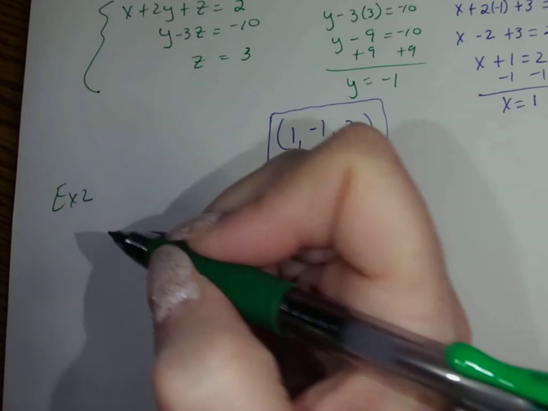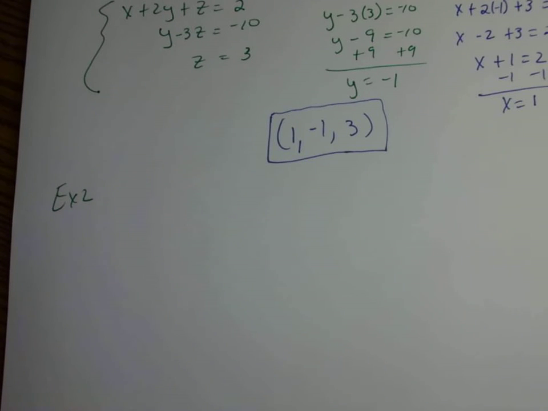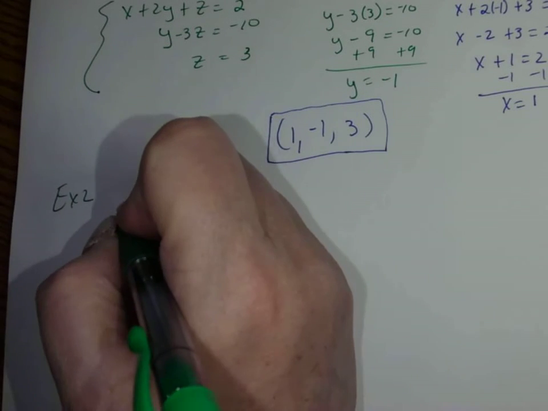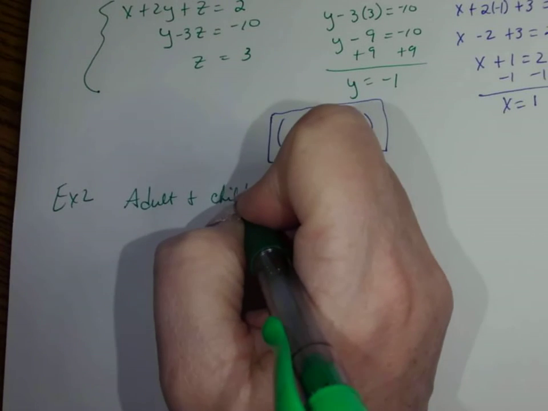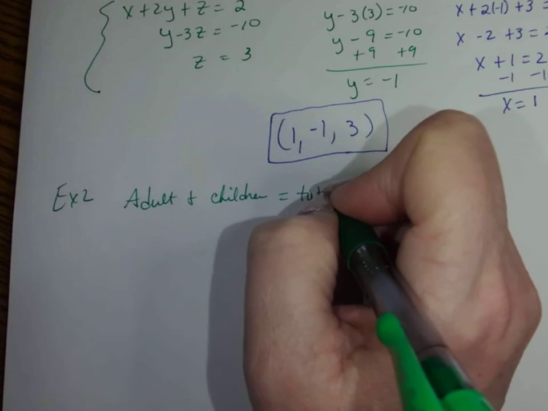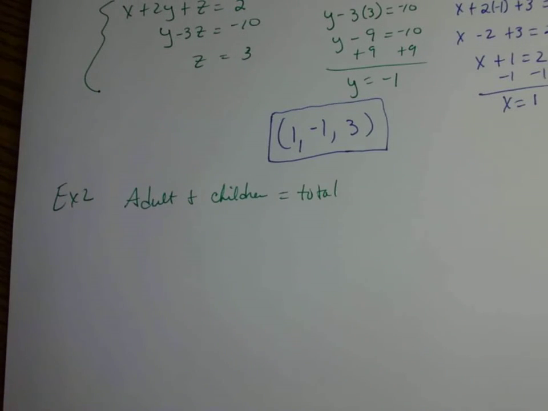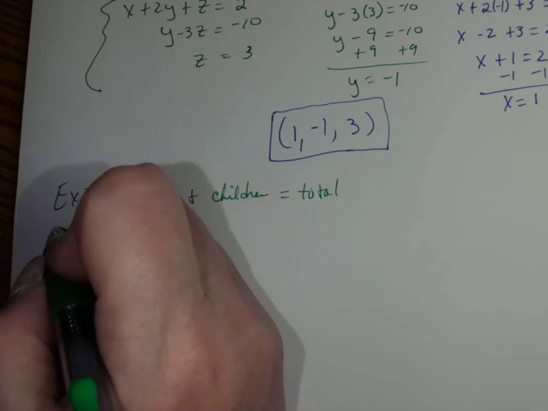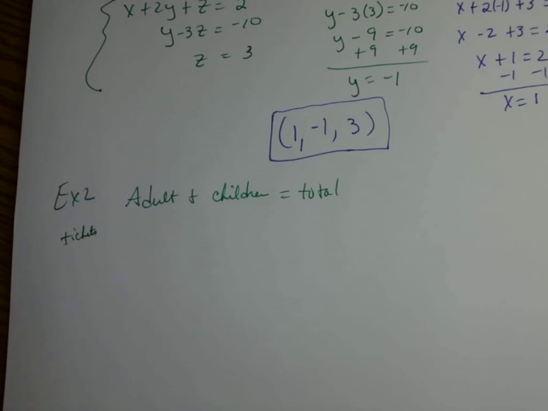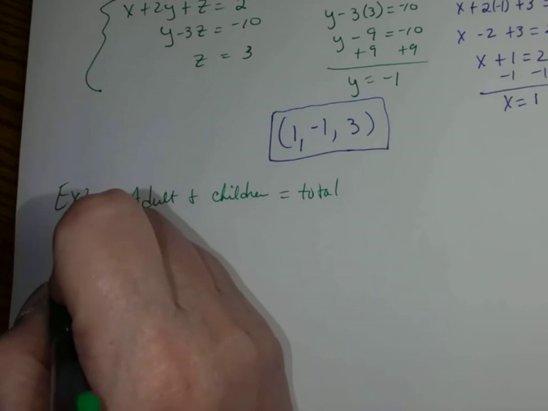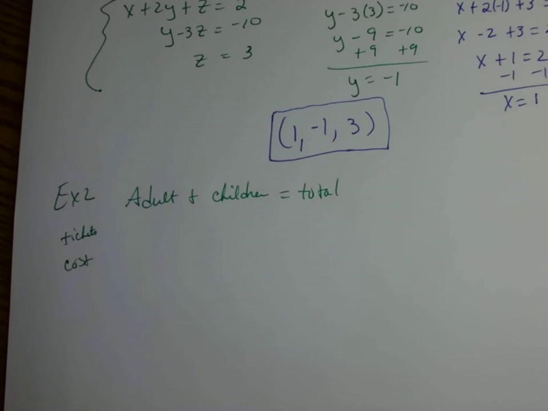So if you recall, we have to set up our system because we're not told what the equations are. And if you remember, we had adult plus children will be equal to the total. And we have two different things. First, we just have the number of tickets. And then we're going to have the cost of the tickets.